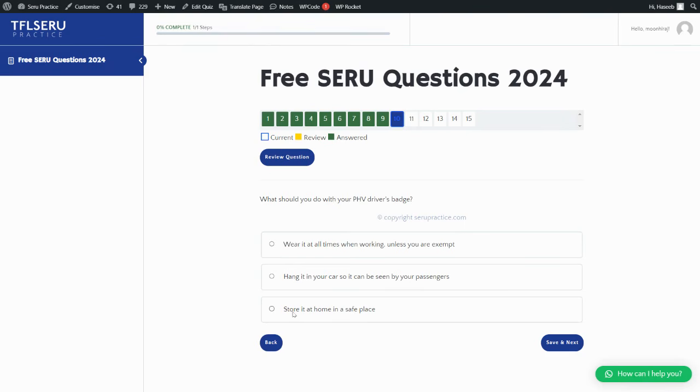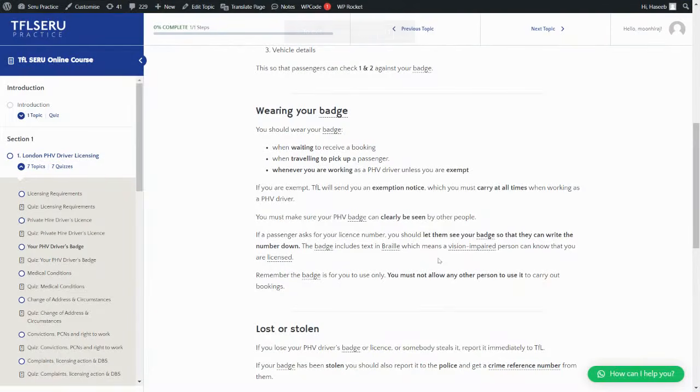Of course, everyone will consider discarding the third option, but the second one seems very convenient and the correct one, hanging it in the car so that everybody can see it. But if we refer to the handbook, section 1, London PHV driver's licensing and your PHV driver's badge, we will see that wearing your badge whenever you are working as a PHV driver unless you are exempt is actually the correct answer.